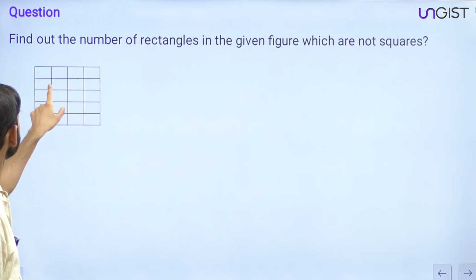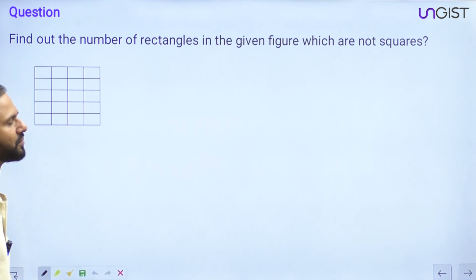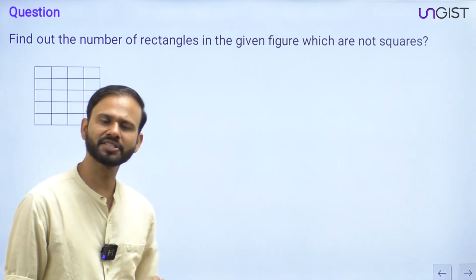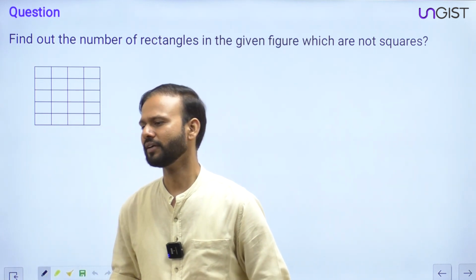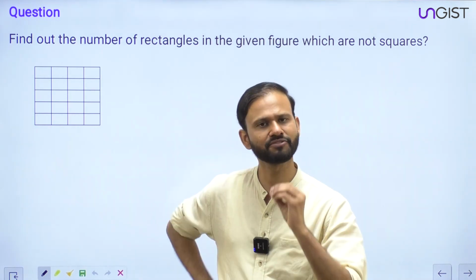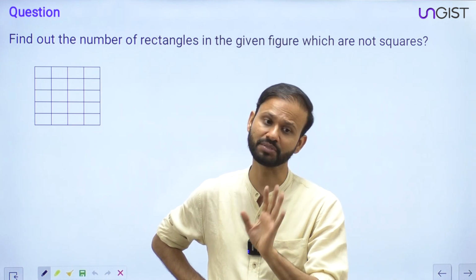This was the question, right? Guys, in these types of questions, if you need to find the number of squares, till now we have just found the number of squares in a square grid, like 4 by 4 or 5 by 5 or 6 by 6.